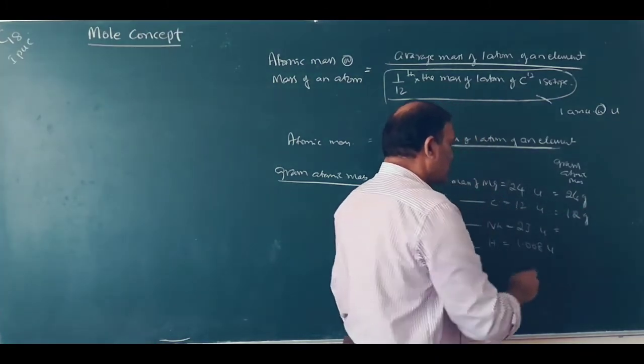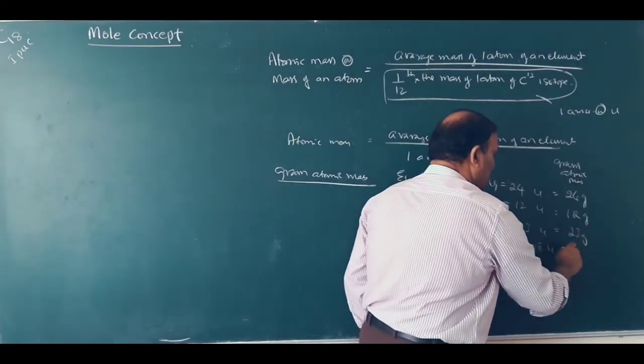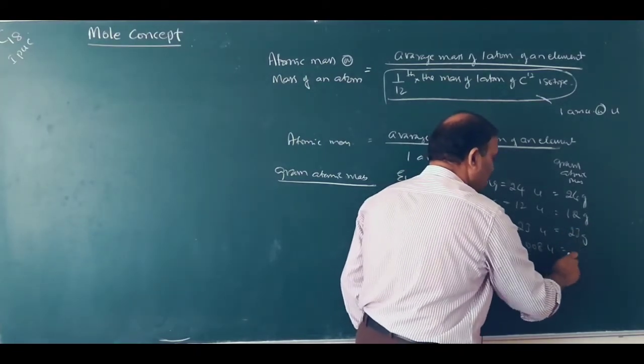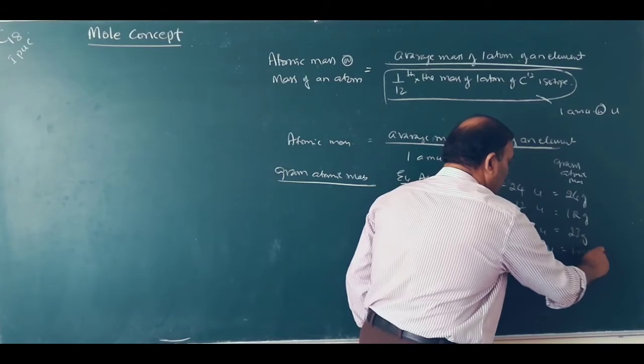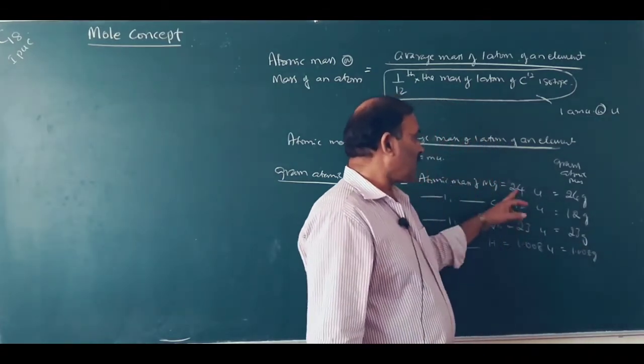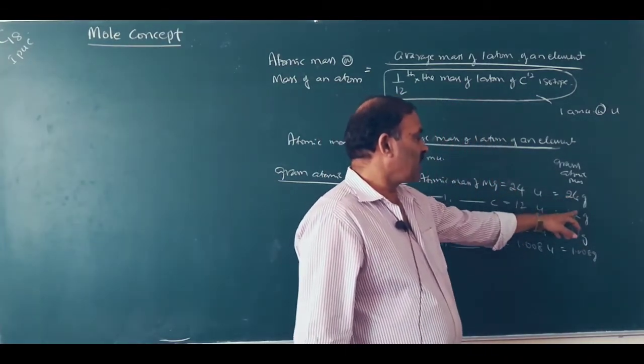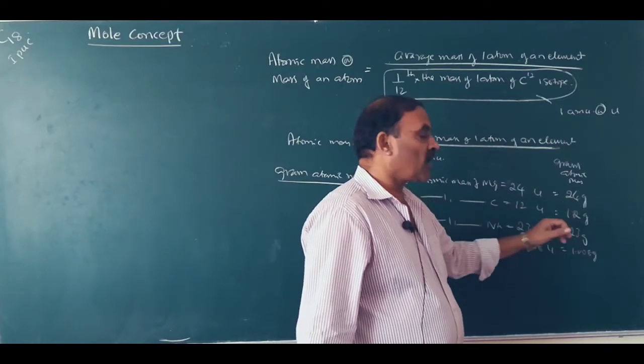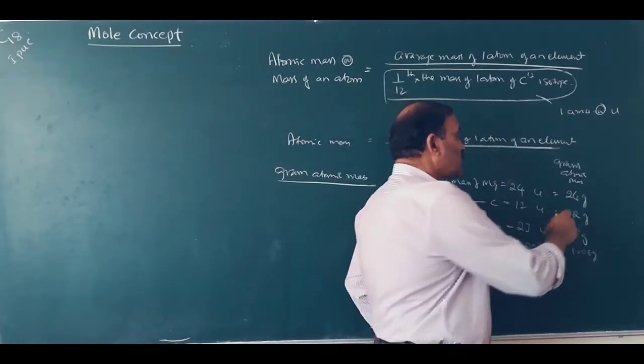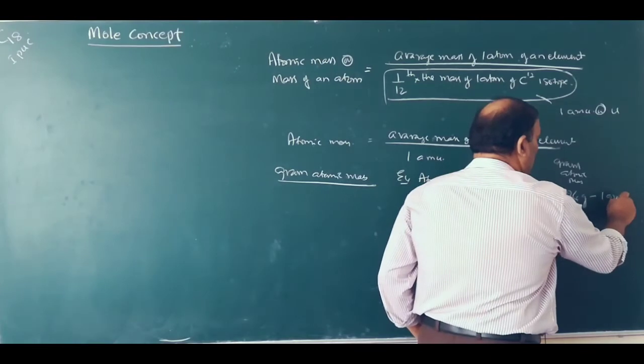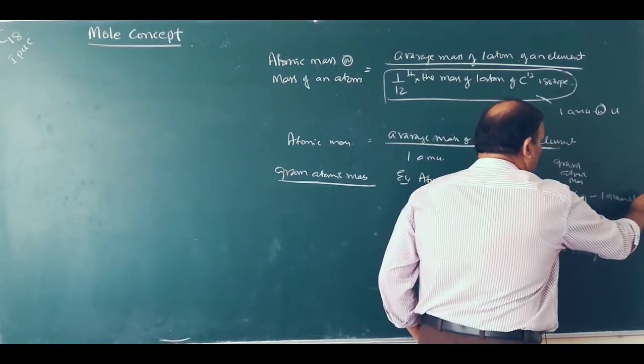Gram atomic mass of sodium is 23 grams. Gram atomic mass of hydrogen is 1.008 grams. Atomic mass expressed in grams is known as gram atomic mass. It is also called 1 gram atomic mass.